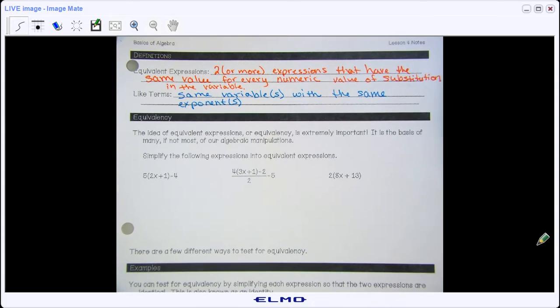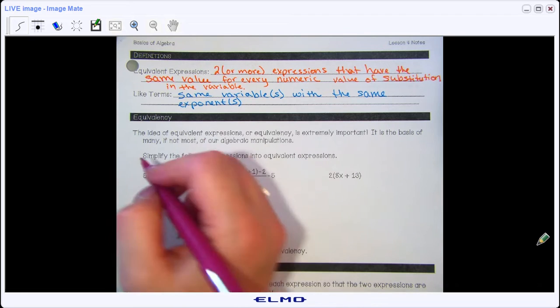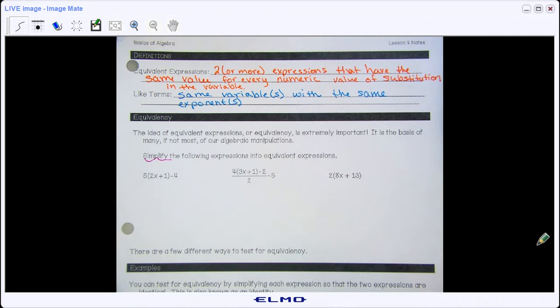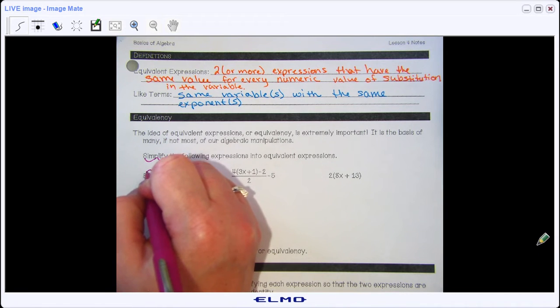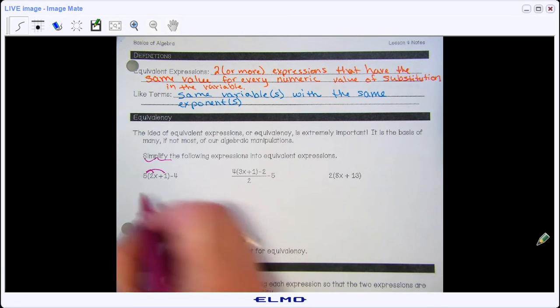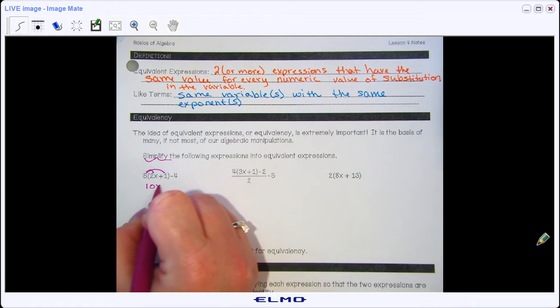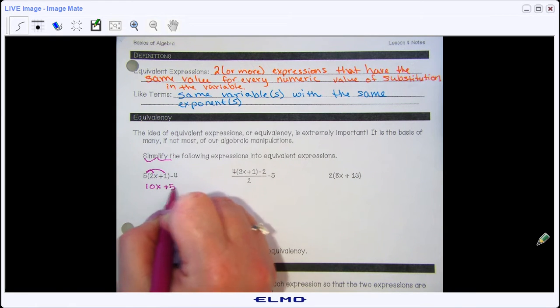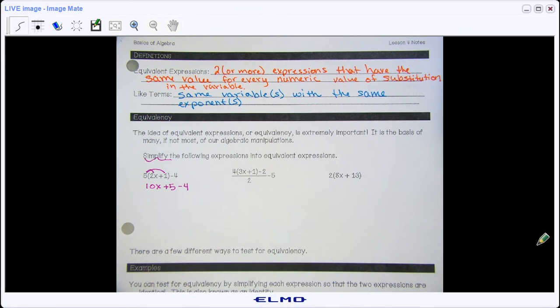So here we have some expressions. And what we're going to do is simplify these down as much as we possibly can to find other equivalent expressions to this. So like this first one, I am going to distribute my 5. So 5 times 2x is 10x. 5 times 1 is 5 minus 4.